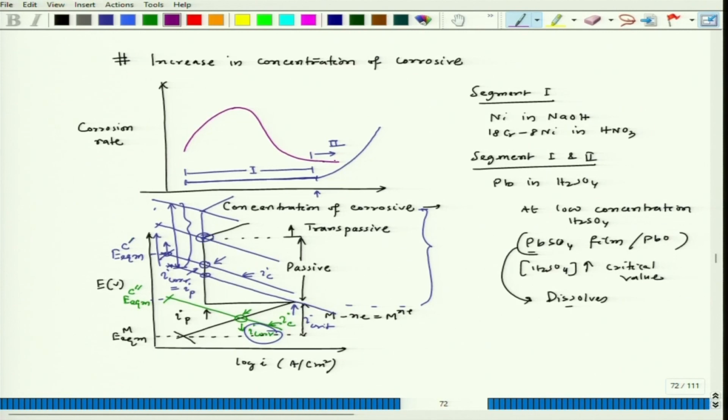Let us say this is pattern A, and let us say this is pattern B. In pattern A, we have two segments. One segment we have seen for nickel in NaOH or 18-8 stainless steel in HNO3, and pattern A with the segments 1 and 2, Pb or lead in H2SO4 can follow that.